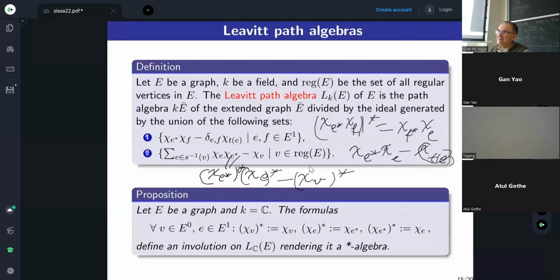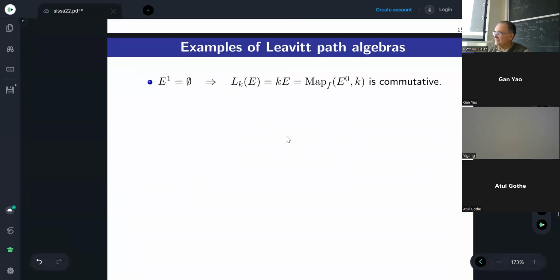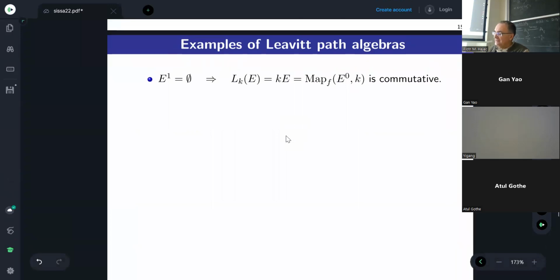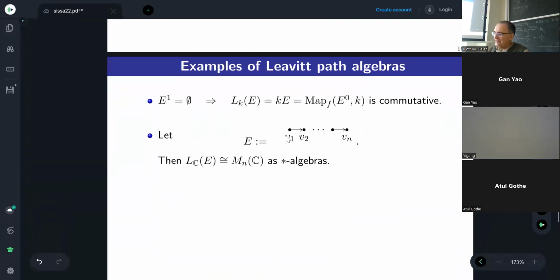So this set is empty and this set is empty. So the ideal is 0. So it's just a path algebra, the path algebra of E. And as we established, when I have the path algebra of E, where E is a graph with no edges, this is just a function algebra, just commutative. So that's the first example.